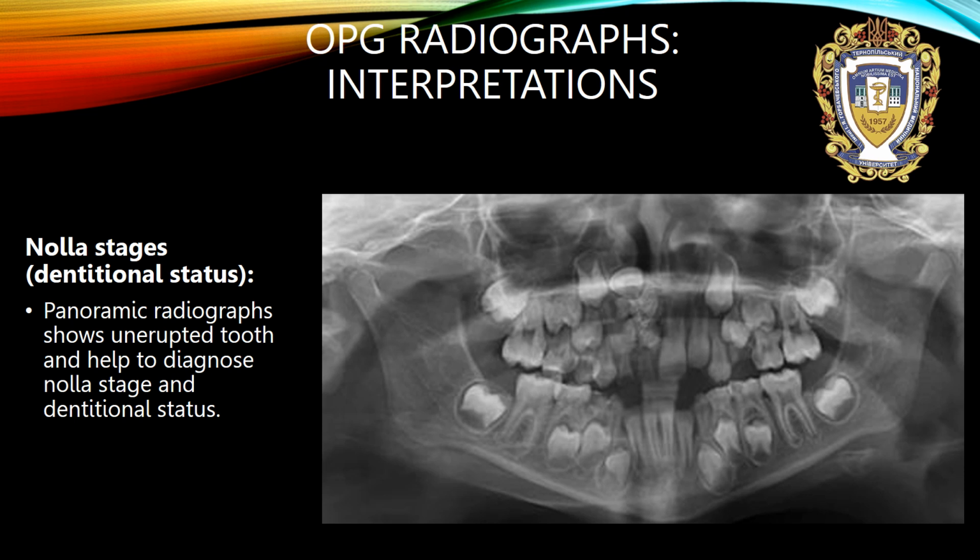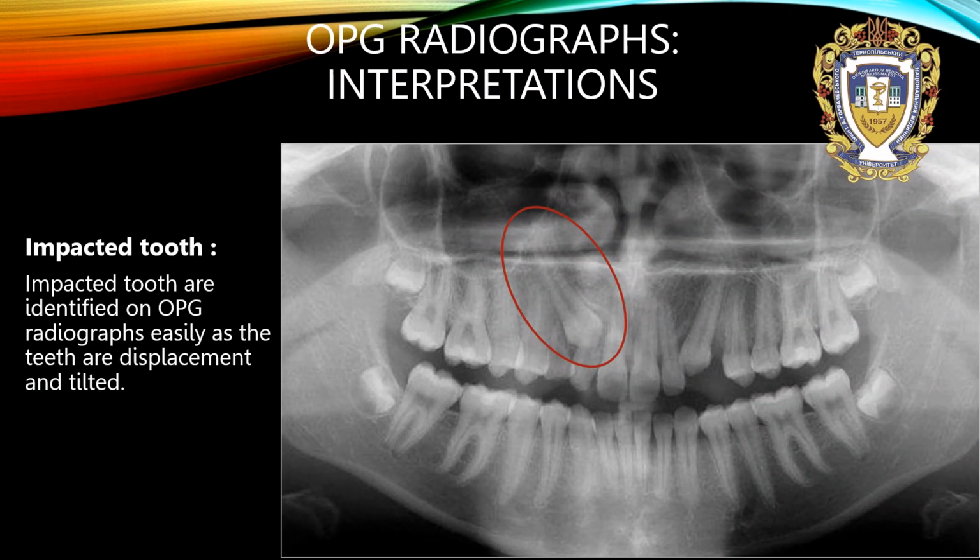Please notice, doctors, what pathology we can observe here. Horizontal position of tooth number 1-1. Impacted tooth. Impacted teeth are identified on OPG radiograph easily, as the teeth are displaced and tilted.